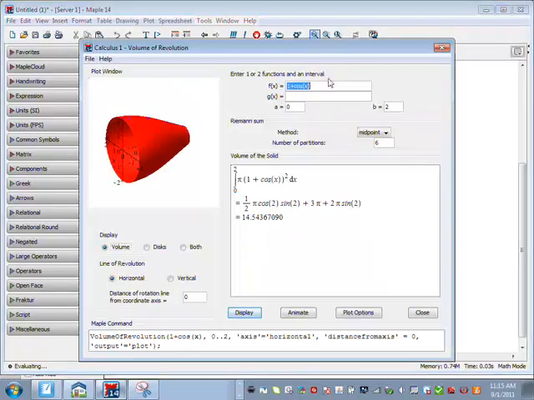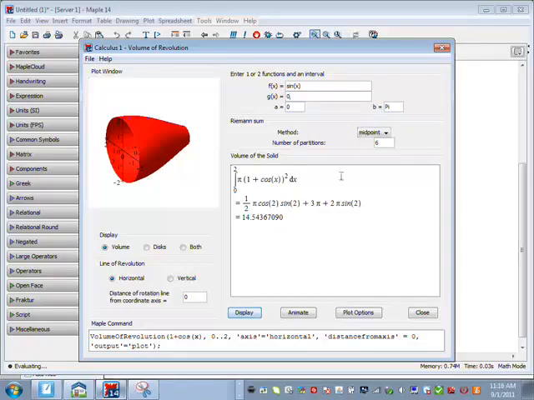Okay, so sine x from 0 to pi. Notice how they have a g of x here, because we can find the area between two regions and rotate that around the x-axis. But for the moment, it's between sine of x and just the x-axis. The x-axis is y equals 0. I don't need to put it, but I'll put 0, okay?